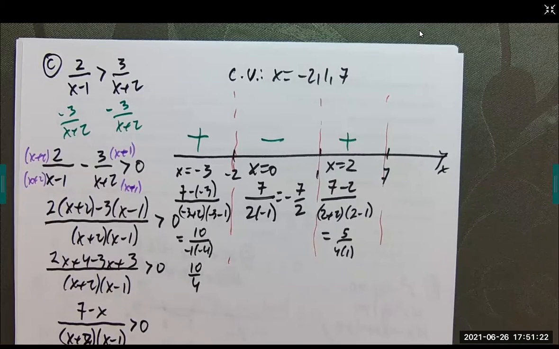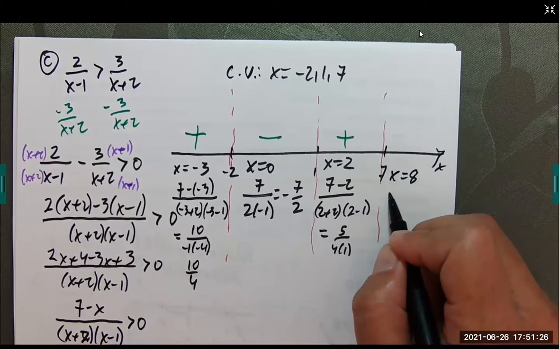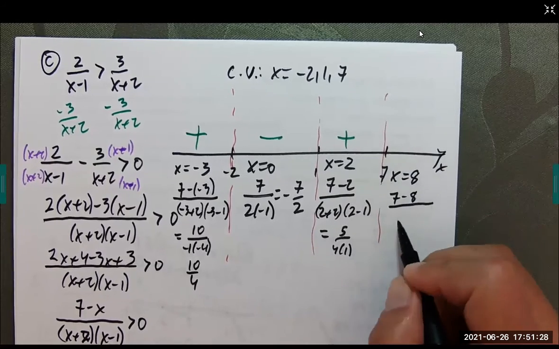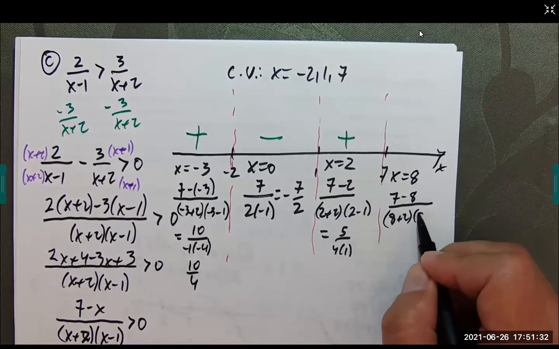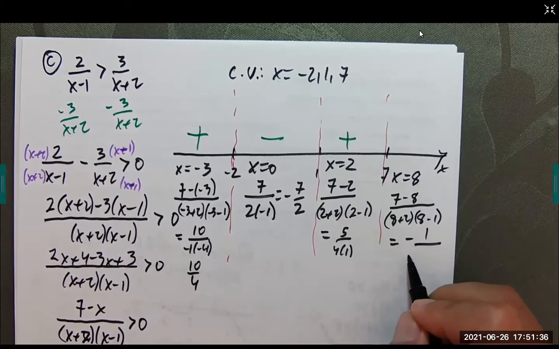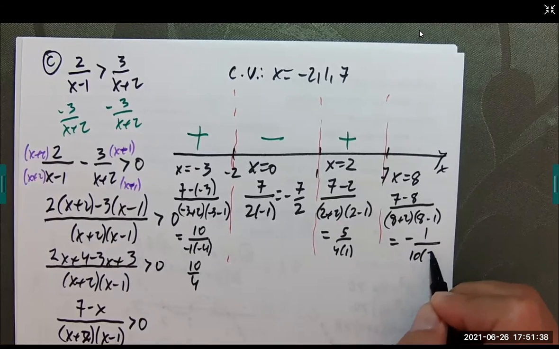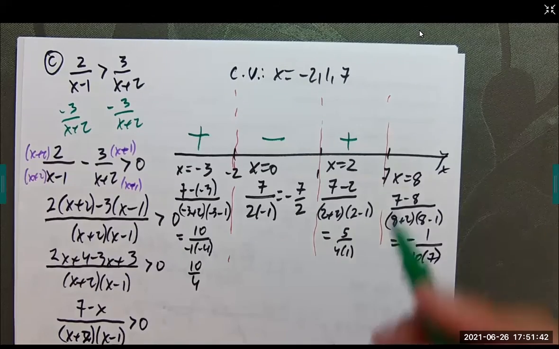Anything bigger than 7, so let's pick 8. 7 minus 8 over 8 plus 2, 8 minus 1. That's negative 1 over 10 times 7, which is 70. So the whole thing is going to be negative.